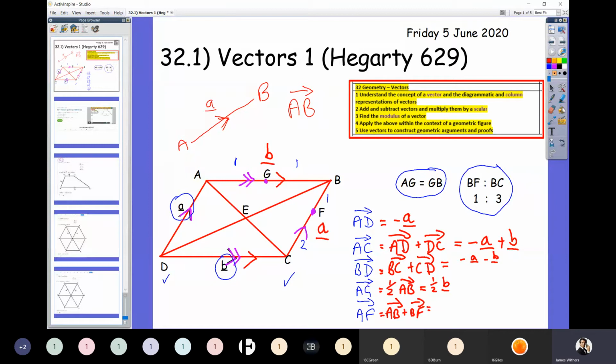Andrew to Bill is easy. That's just a b. And then be careful with your Bill to Fiona. We're going a third of the way down that road, 1 out of 3, but we're going down it the wrong way, so it's going to be a minus a third a.